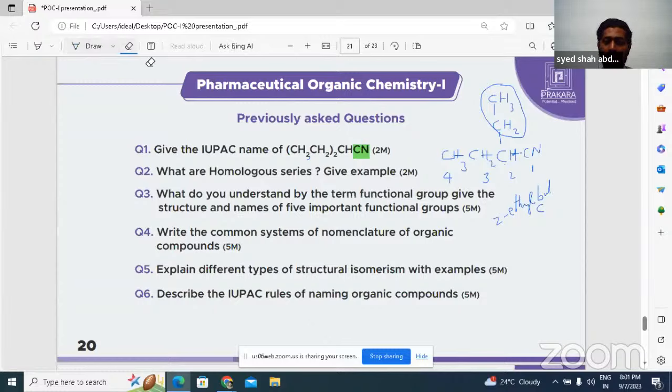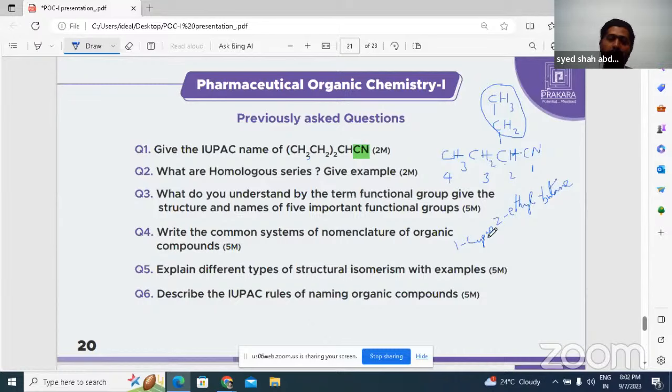If I give the numbering based on cyanide, let me give you the numbering based on cyanide. So it will be 1 cyano, 2 ethyl, butane, okay.